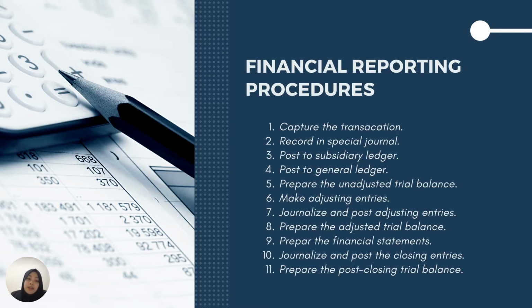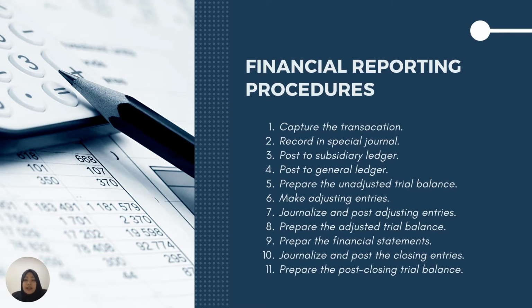Second, record in special journal. Each transaction is entered into the journal. Recall that frequently occurring classes of transactions such as sales are captured in special journals. Those that occur infrequently are recorded in the general journal or directly on the journal voucher.